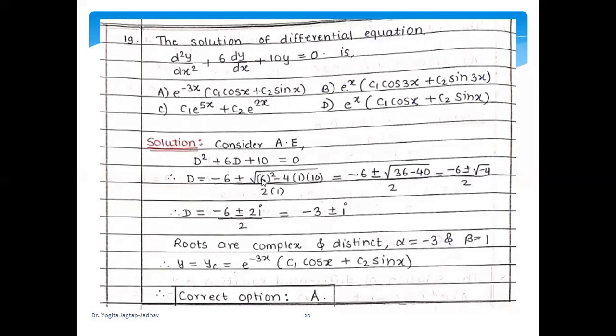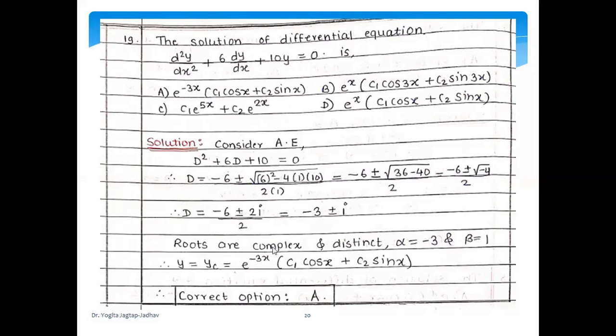Therefore, in the radical sign, we have 36 minus 40, and that becomes minus 4. And you know, the square root of minus 1 is i and the square root of 4 is 2. Therefore, D equal to minus 6 plus or minus 2i upon 2. After separating the denominator, you can see here we have minus 3 plus or minus i as the roots.